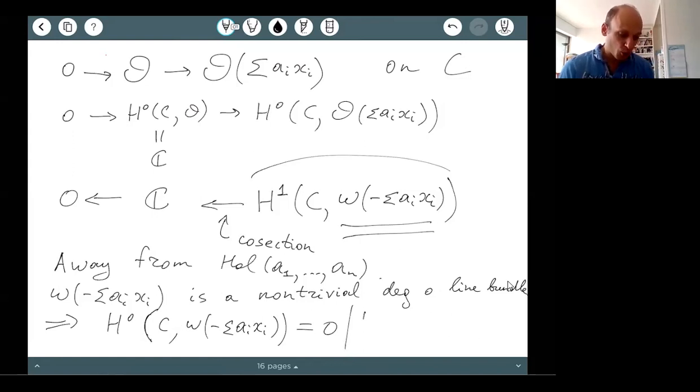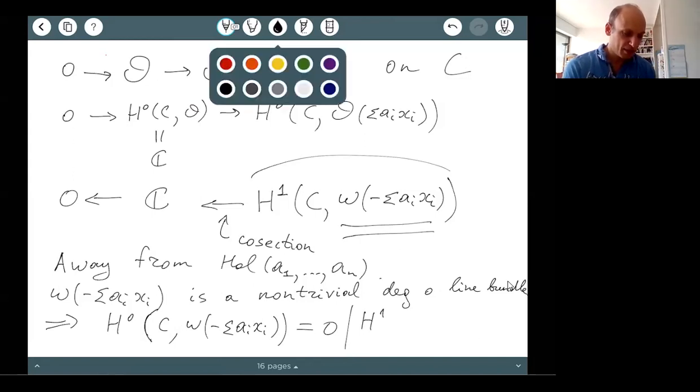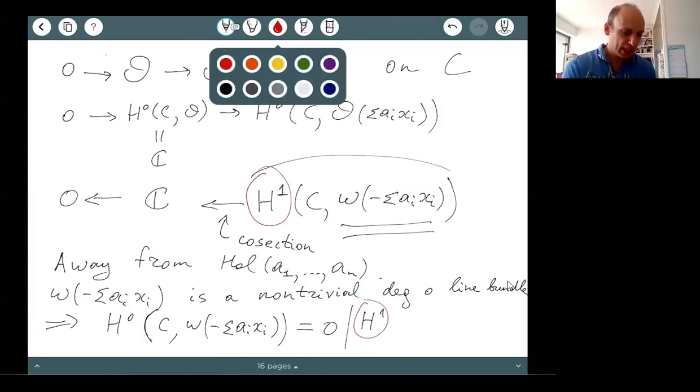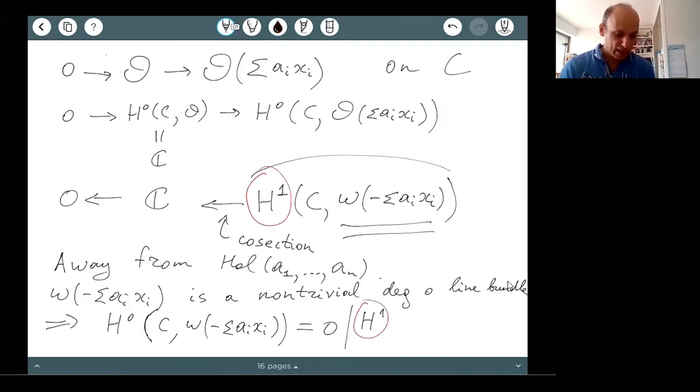Therefore this H1 has dimension g minus 1.